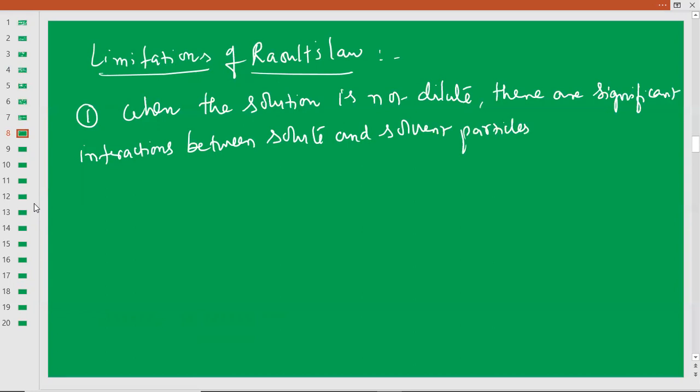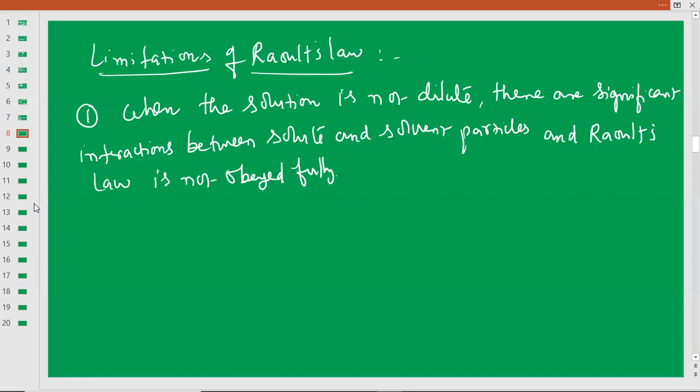So what will happen? Raoult's law is said to be not obeyed fully in this case.